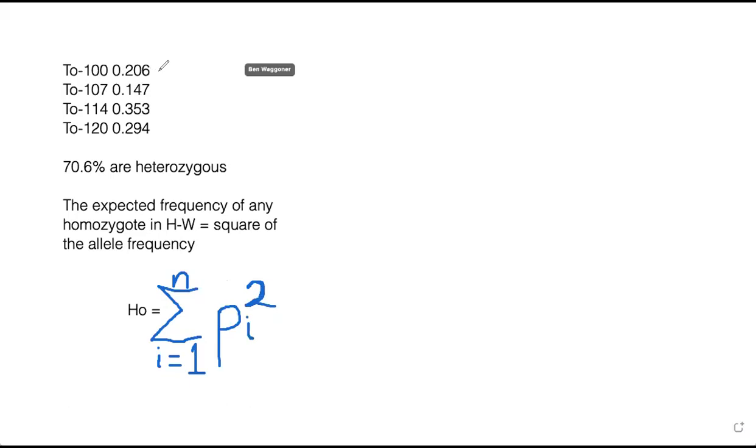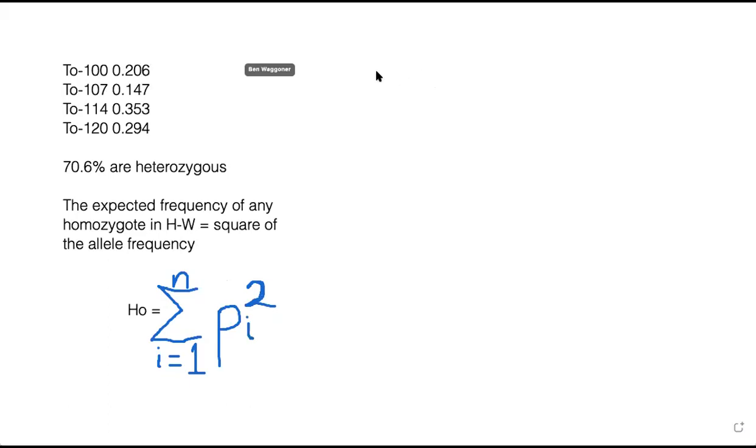So if we have 4 alleles, these frequencies we can call P1, P2, P3, and P4. The total frequency of homozygotes is just going to be the sum of the squares.